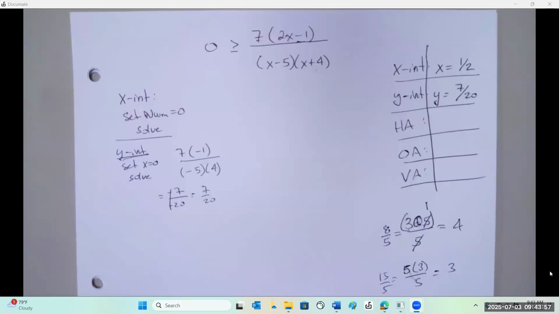Like I said, if you're not going to use it, don't take it. How do you find an oblique asymptote?